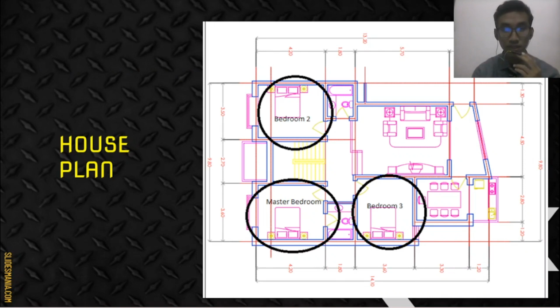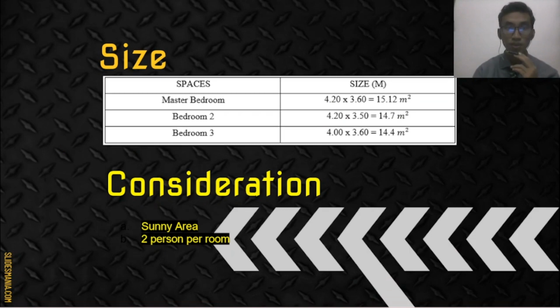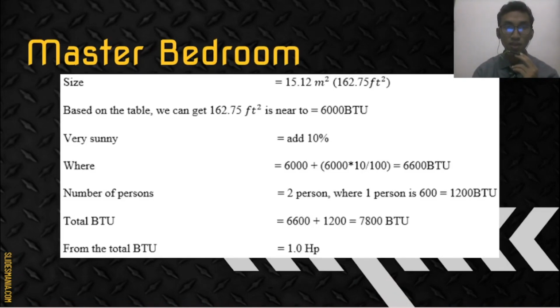So this is our house plan, and we use air conditioners in 3 places, which are the master bedroom, bedroom 2 and bedroom 3. So this is the size and consideration for our air conditioning. This is the largest bedroom, which is the master bedroom. The size is 15.5 meters square.